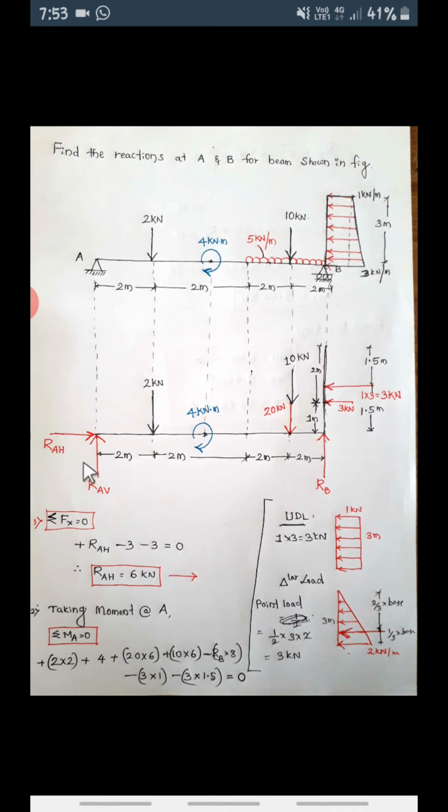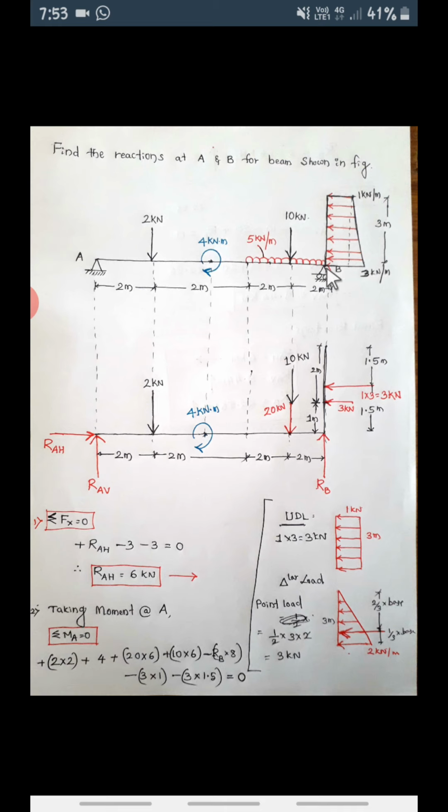Now the point load, as usual we're going to show, that is 2 kilonewton, and this moment 4 kilonewton meter as it is.